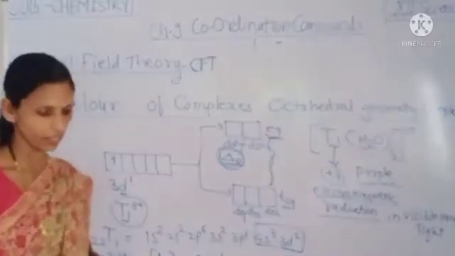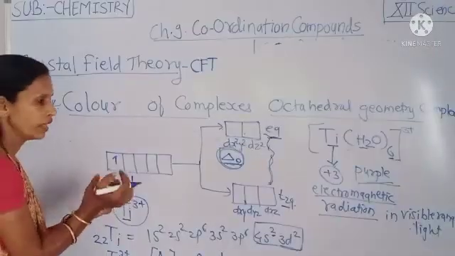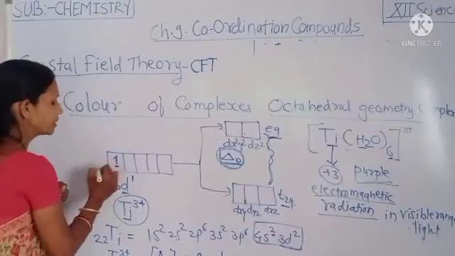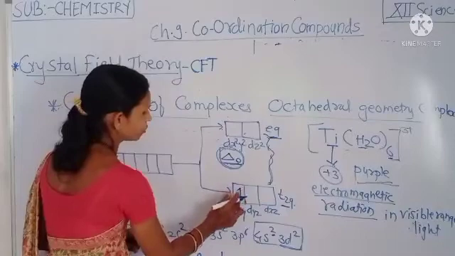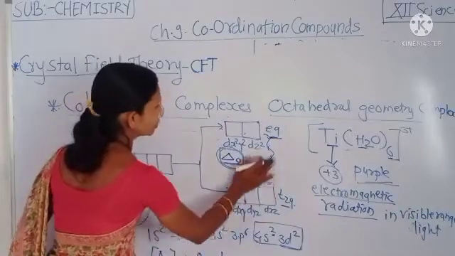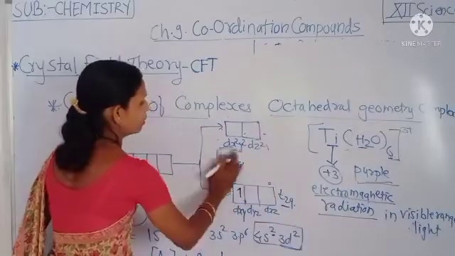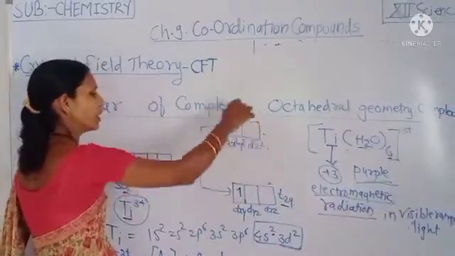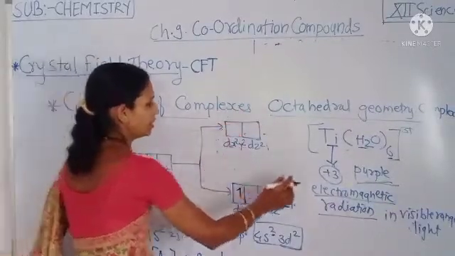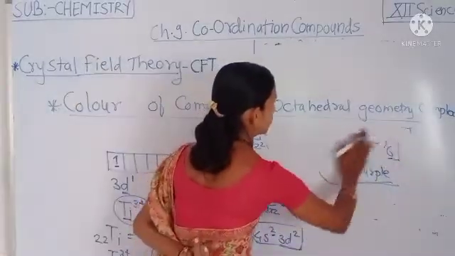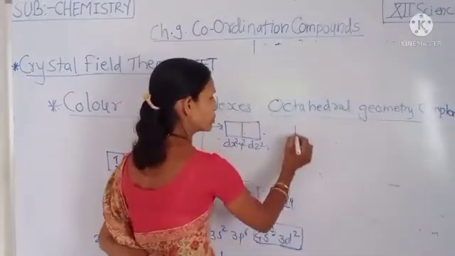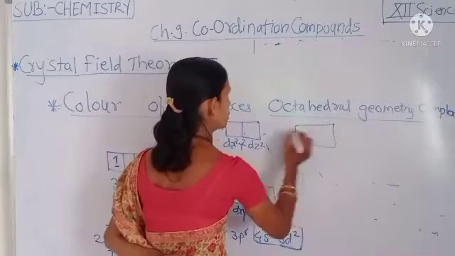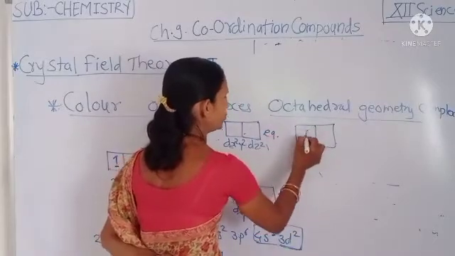A specific wavelength of light energy is absorbed by the electron, and the electron from the T2g orbital jumps to the higher energy level. That electron from the T2g set absorbs the energy and jumps to the Eg orbital.